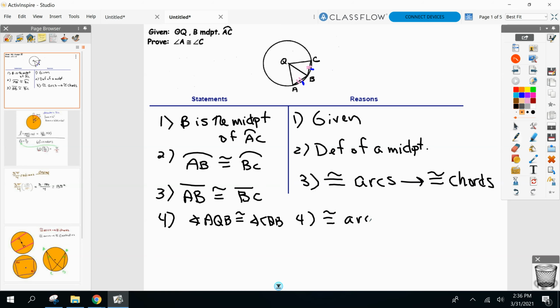Congruent arcs imply congruent, and this is what I was talking about earlier: do not just put congruent angles. Be specific. Congruent central angles. All right, good. So now you guys have a pair of angles there and a pair of sides. Let's keep going.